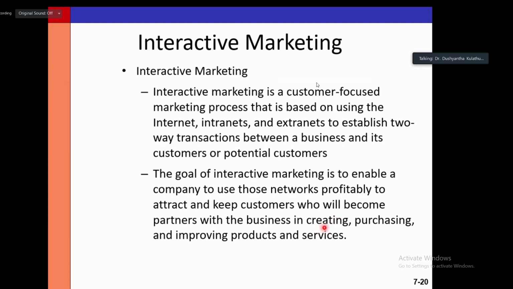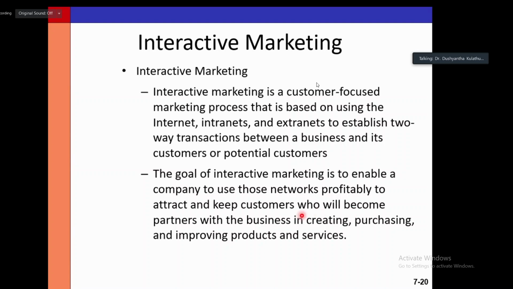We mentioned how customers can be involved in creating new products, which was elaborated during the last session or before that.